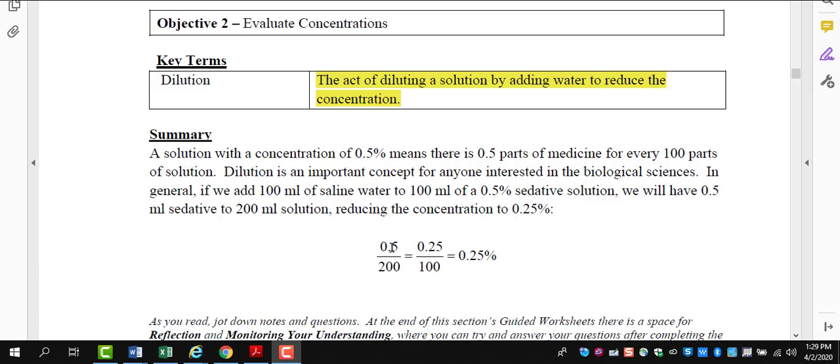So as I was saying, if this was the original solution, 0.5 over 100, and I add 100 milliliters to it, with the same amount of medicine, then I would get 0.25 over 100, which is a 0.25% solution. So we're going to learn how to dilute a solution, is really what we're doing here.